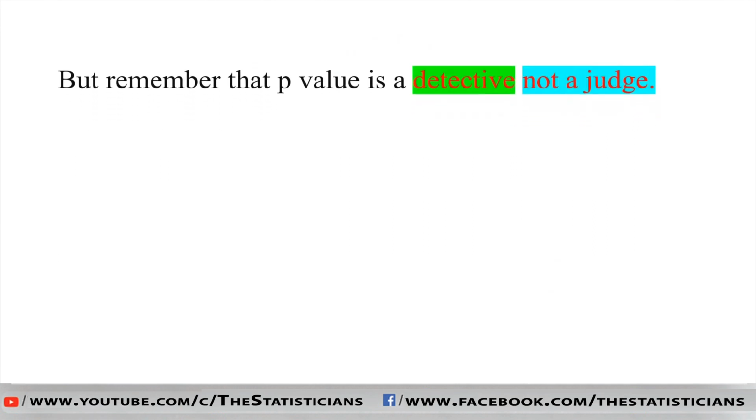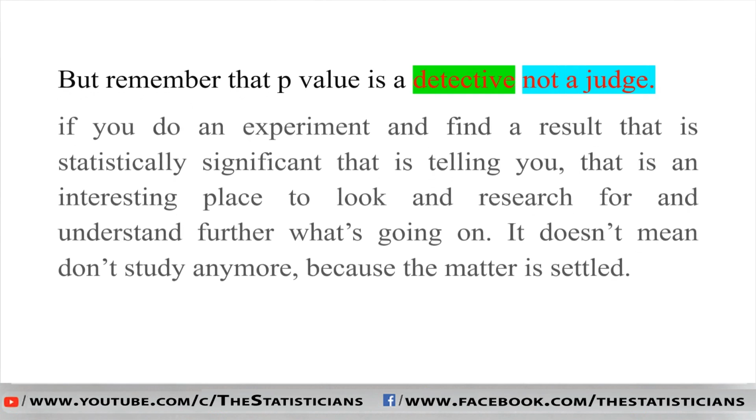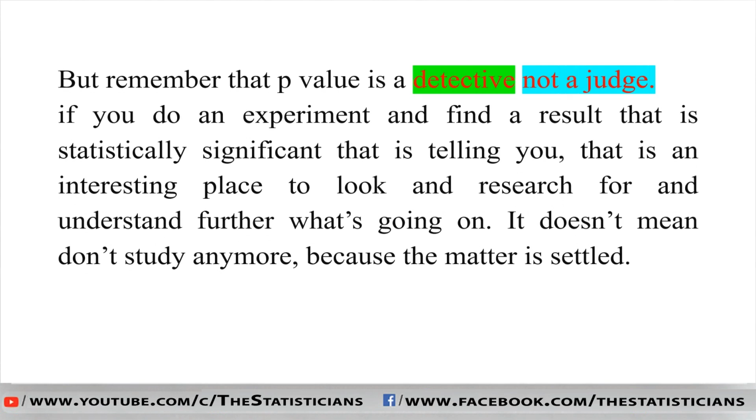But remember that p-value is a detective, not a judge. If you do an experiment and find a result that is statistically significant, that is telling you it is an interesting place to look and research to understand further what's going on. It doesn't mean you should stop studying because the matter is settled.